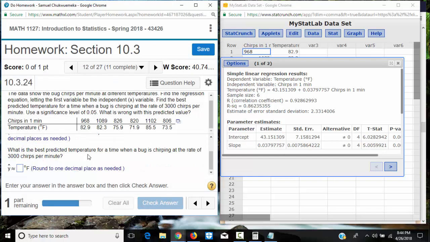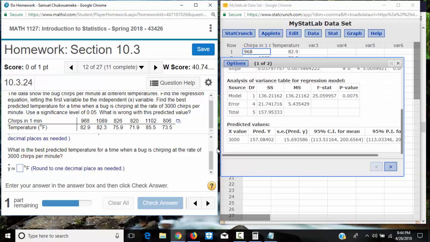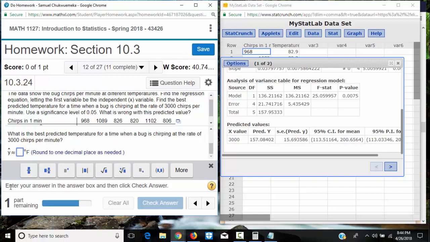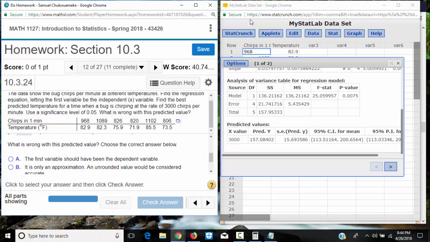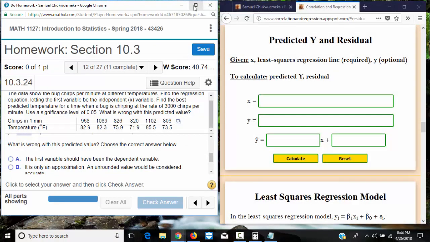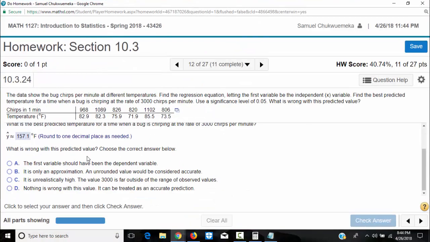What is the best predicted temperature when x is 3000? So scroll down. Predicted y, correct to 1 decimal place, is 157.1. And close this. What is wrong with this predicted value?